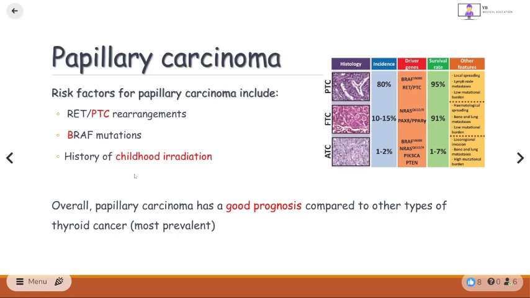So childhood irradiation, let's say you're trying to treat another cancer, and you hit the thyroid gland with this radiation, it could damage the DNA and lead to these mutations. And these mutations will drive the growth of the follicular cells to form the papillae, which have these histological characteristics. Follicular and papillary carcinoma have a good prognosis because when you remove the gland, most likely it's cured. Survival rates are like 95 to 91%. Like I said, papillary thyroid carcinoma is the most common type. Okay, you should know that.